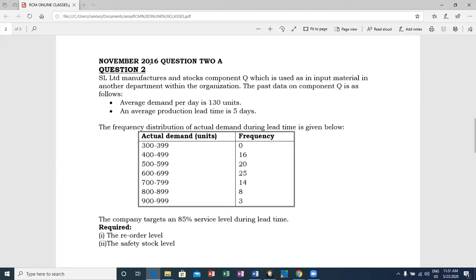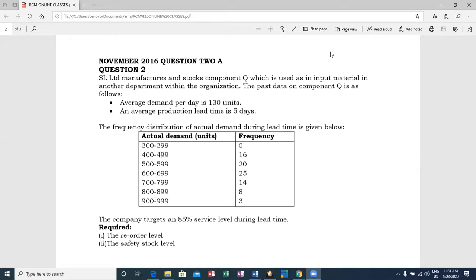So try to fix the desired service level here. The desired service level is in between 0.71 and 0.87, because we are talking of 0.85.